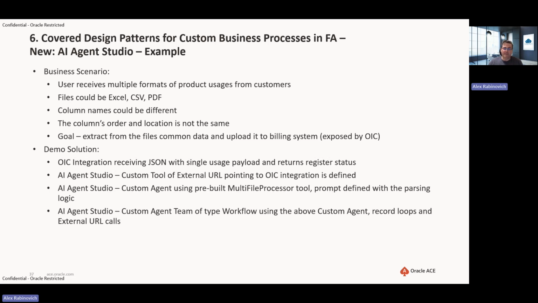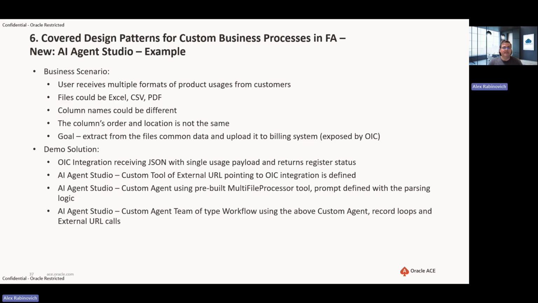The column name could be, for example, item, product, SKU, but LLM knows that all those are the same. So our goal is to extract the common information, let's say product, quantity, date, from those files, bring it to a common format, and then call a backend REST API for each record extracted from those files.